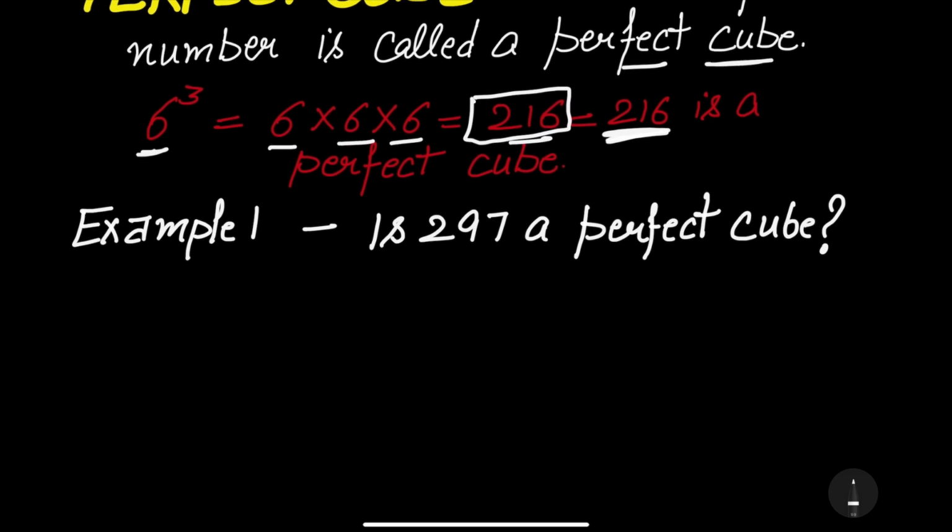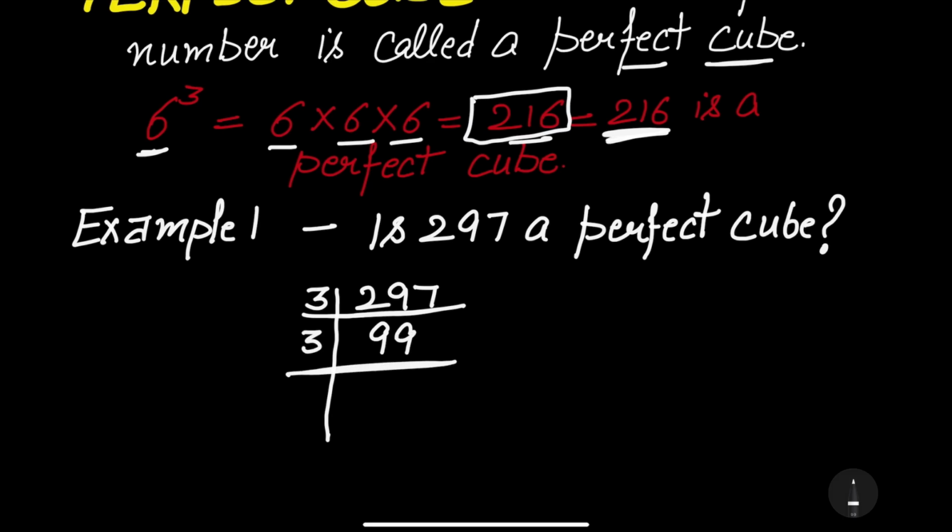What number do we have here? 297. We need to check whether this number is a perfect cube. Now by which number will it be divisible? First it will go on the 3 table. 3 9s are 27, and then again 2 left here and 3 9s are 27. 99 comes.